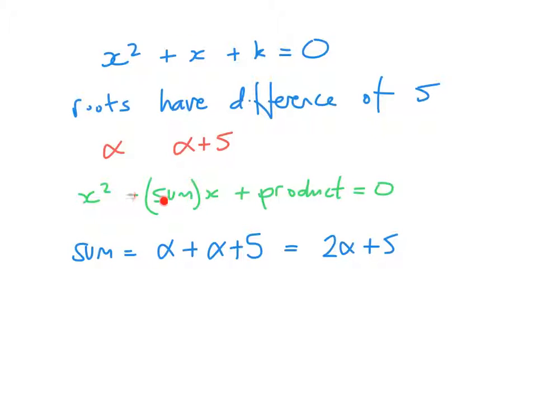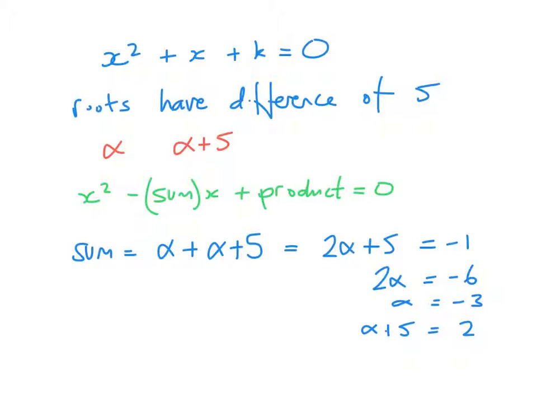So basically, minus the sum would be the coefficient of x in this quadratic. Now the coefficient is plus 1. So plus 1 is equal to minus the sum. Therefore we could say the sum is equal to minus 1. It wouldn't take very long to solve that and find out what alpha is, and then find out what my second root is, which would be 5 more than that, which would give me 2.